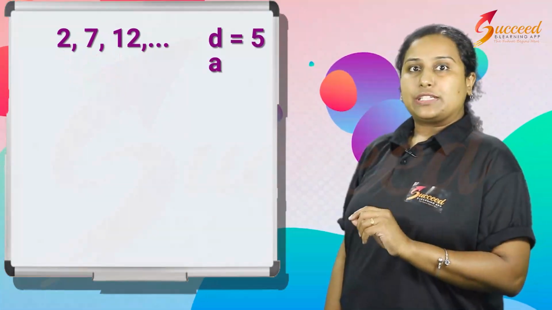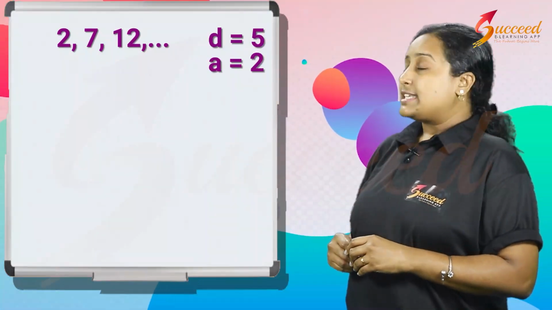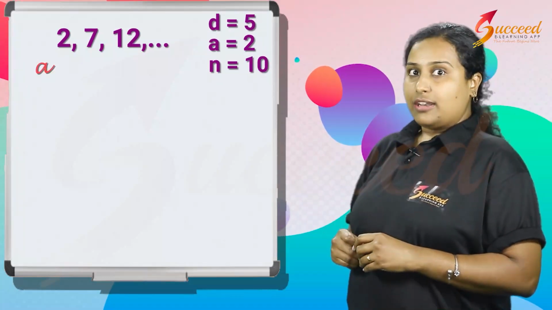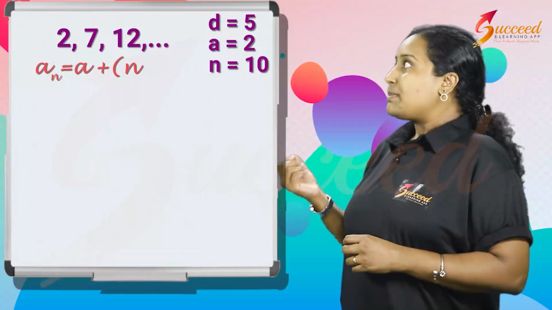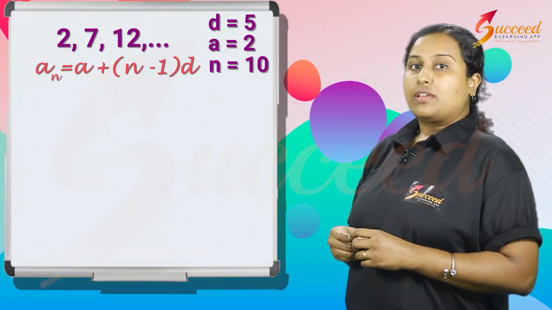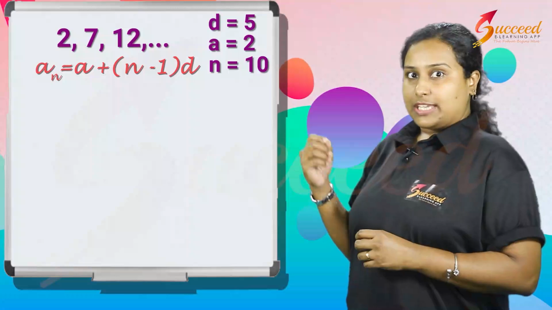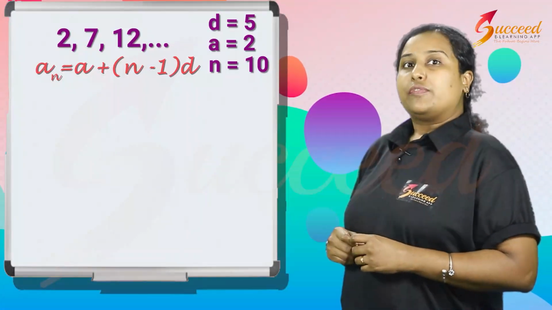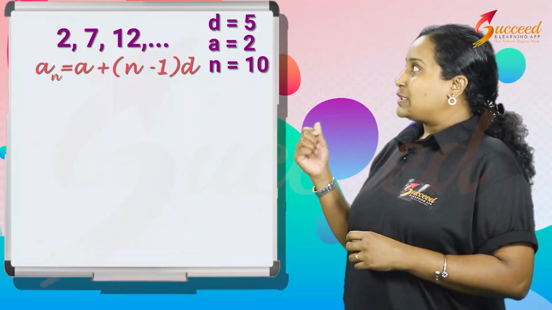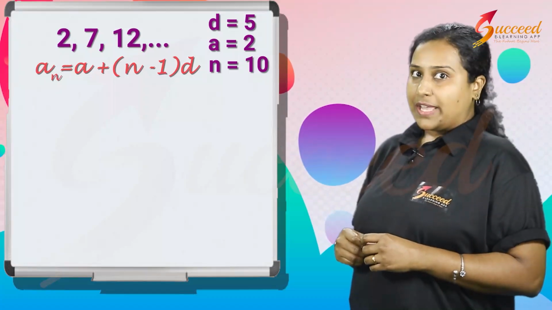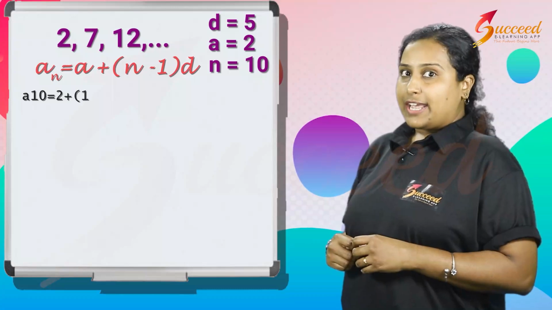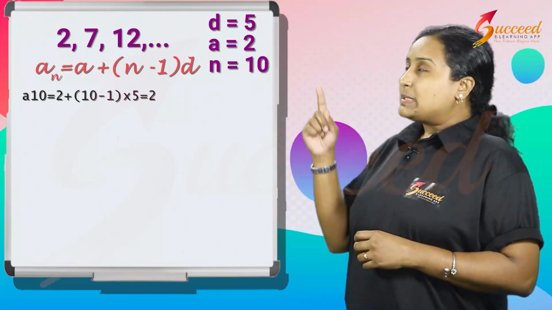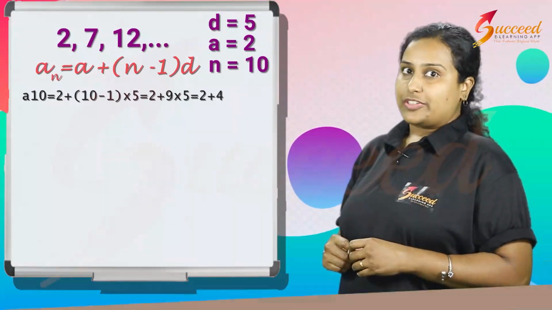a is equal to 2. Let us fit this in the formula an is equal to a plus n minus 1 into d. So, start substituting. In place of a, we write 2. In place of d, we write 5. So, by solving this equation, we arrive at the nth term of this particular arithmetic progression.